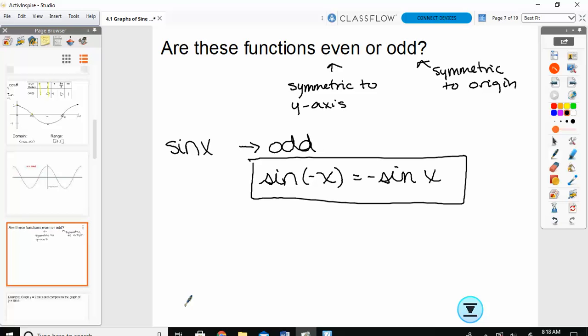We will use this property when we start graphing some transformations of these trig functions. It's a lot easier to have a negative out in front than it is to have it on the x. So because sine is odd, if the angle is negative, you could just pull that out and get the function.